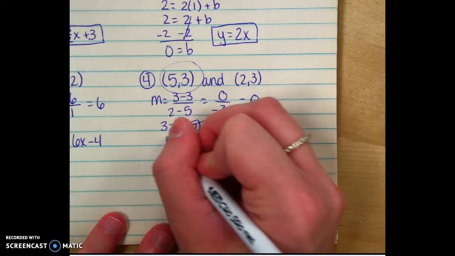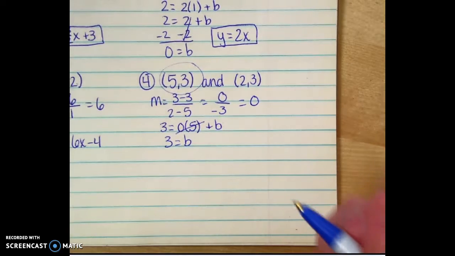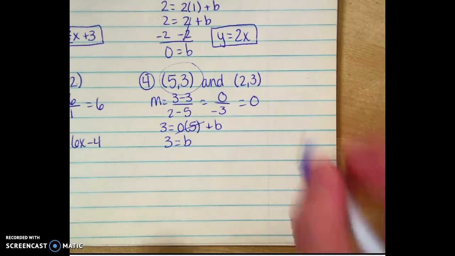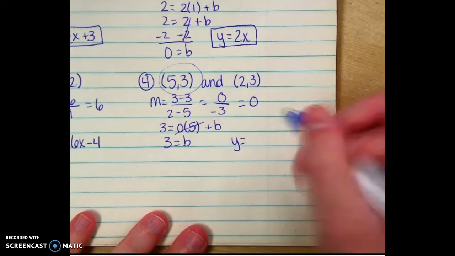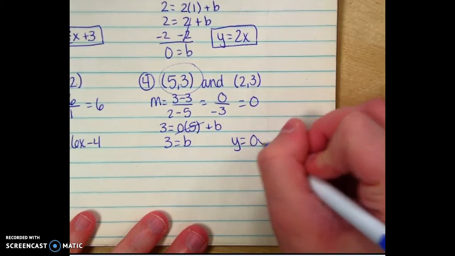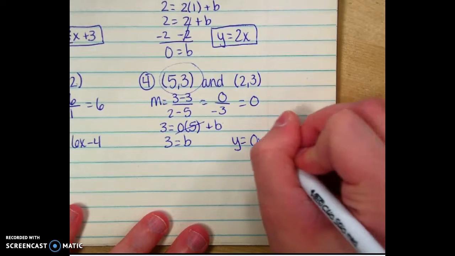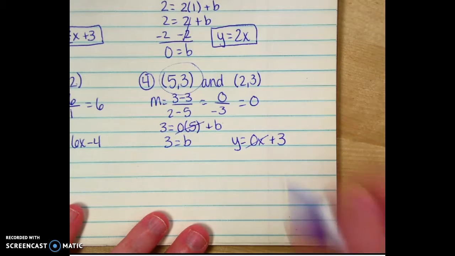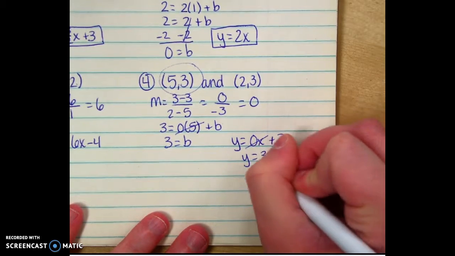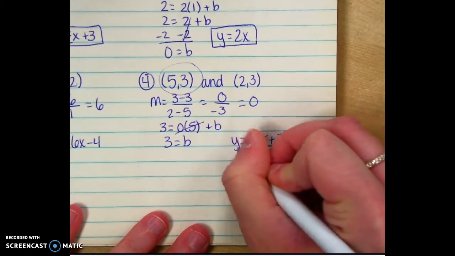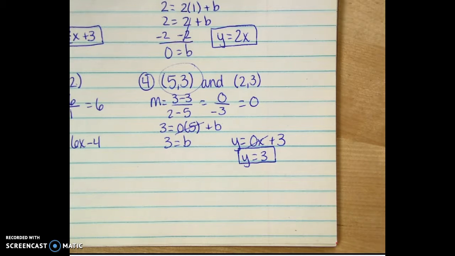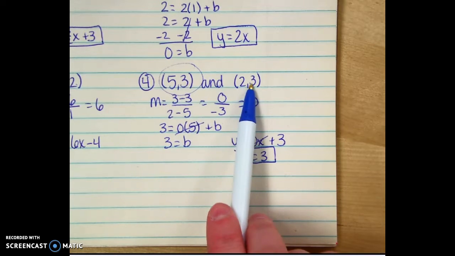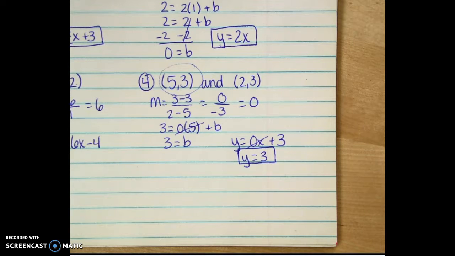That's gone. 3 equals b. So now when I write my equation, y equals, my slope is 0, so that's really 0x, which I don't need, plus 3. So I'm going to rewrite it as y equals 3. And if you get something like this on your homework tonight, which you will, make sure you get rid of that 0x. So this is just a straight line across. And you should see that they both have 3 for their y's. So it's a straight line across.